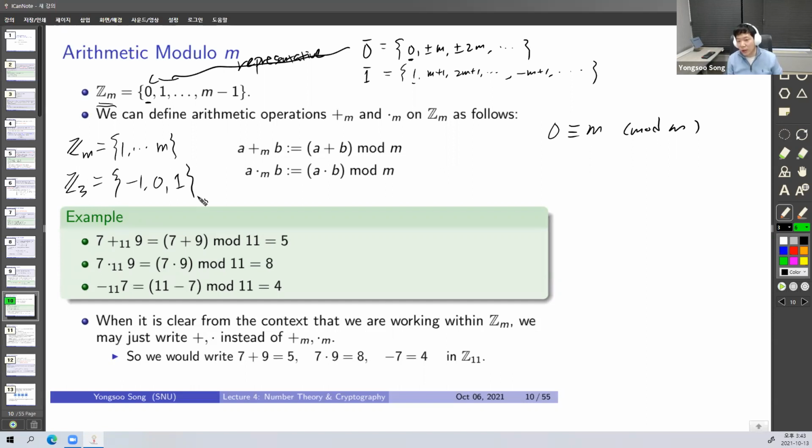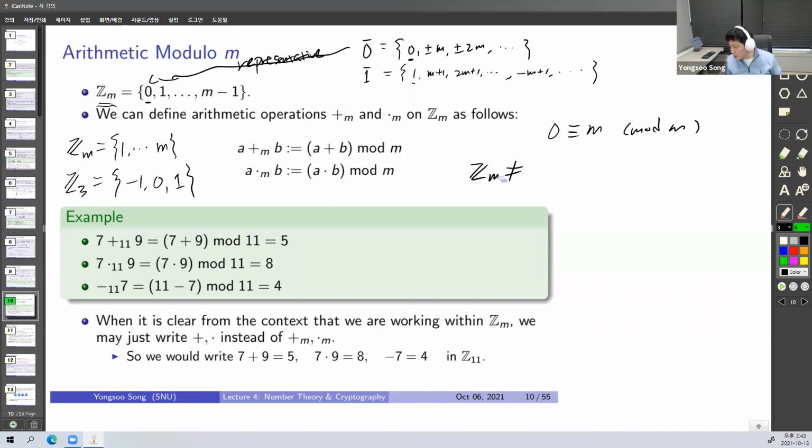Like we can sometimes pick these representative elements from the set of integers between minus half of m and half of m, so that the absolute value of these values can be minimized.